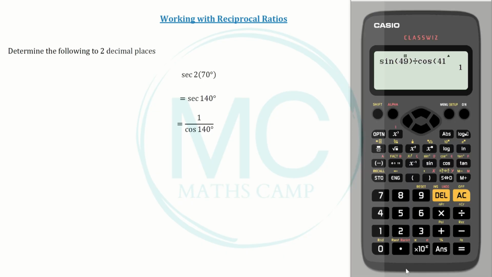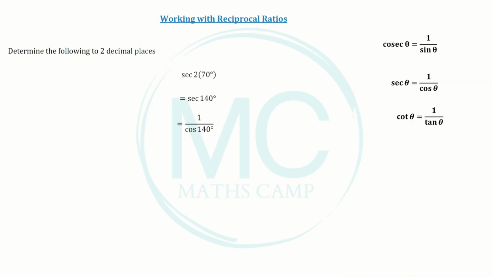Let's get our calculators, and we can say 1 divided by cos 140 degrees is equal to negative 1,305. Let's round off to two decimal places, and we get negative 1,31.